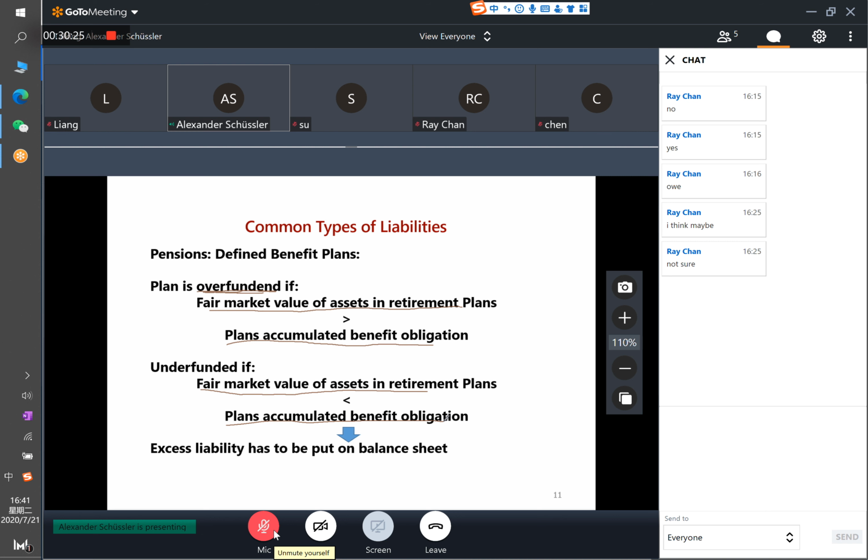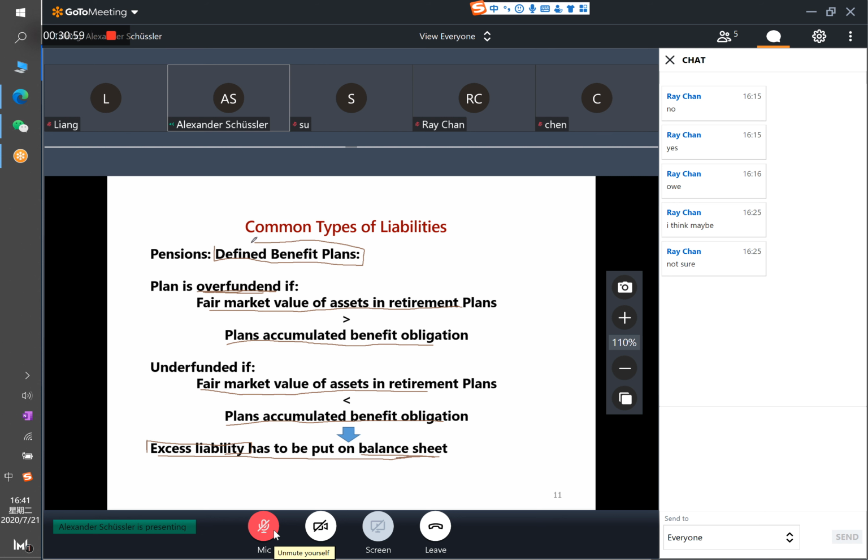If it is underfunded, then you have to put the excess liability, the difference between the two, on the balance sheet as a liability. But this is only for defined benefit plans.